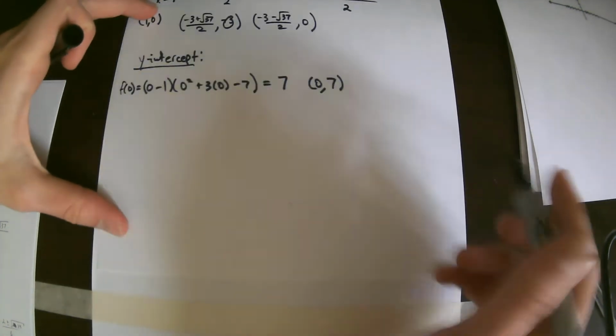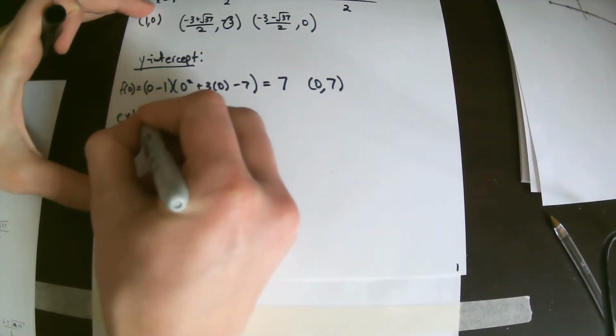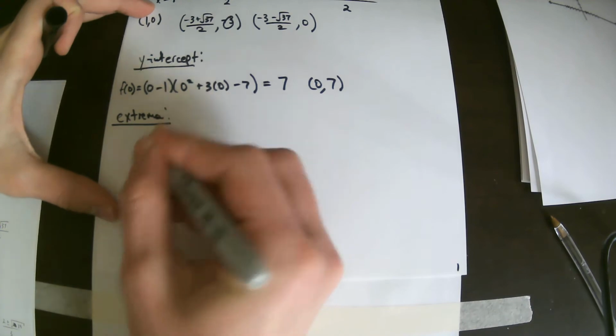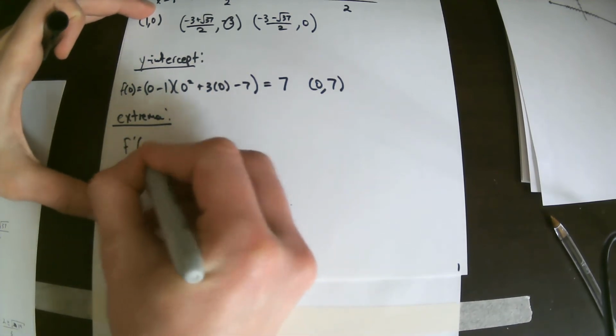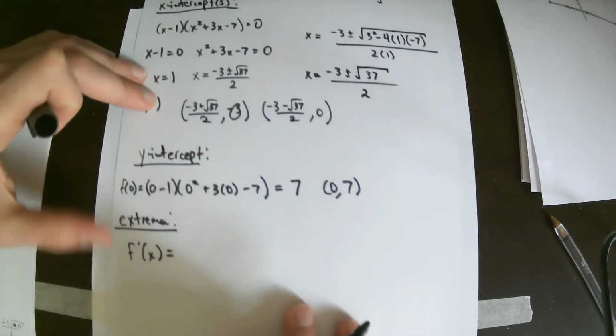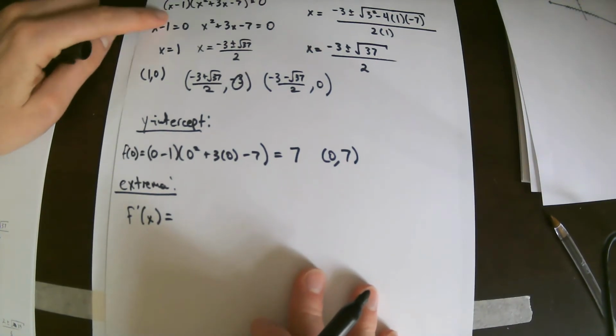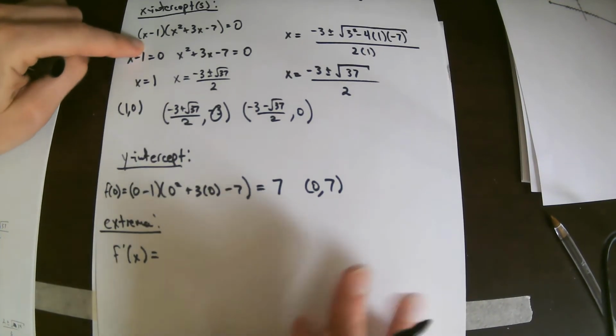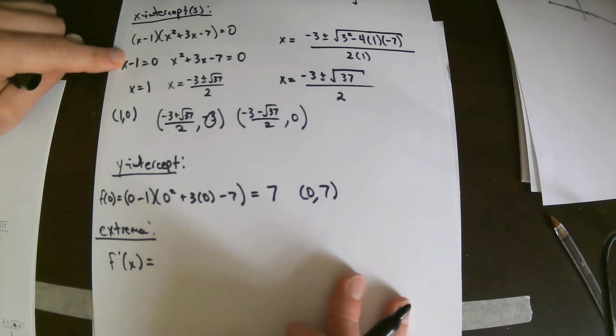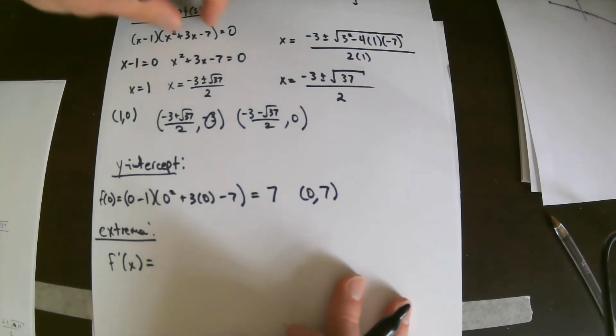Okay, so extrema. Take the derivative, set it equal to 0. Well, first I need the derivative. Derivative of this thing, it's going to be much easier if I just multiply this out, isn't it? Instead of having to use the product rule.